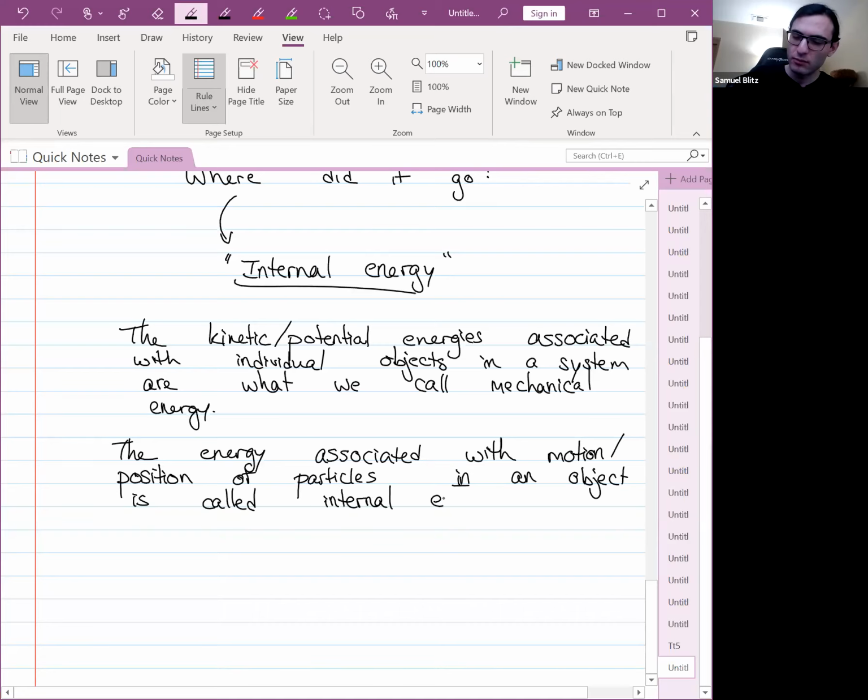Are the objects themselves not systems? They are. But the reason we lump it all into internal energy is that this phone is really just a system of trillions, quadrillions, or quintillions of atoms. We abstract that away because we have no way of zooming in and looking at the individual motion and positions of each of these atoms.